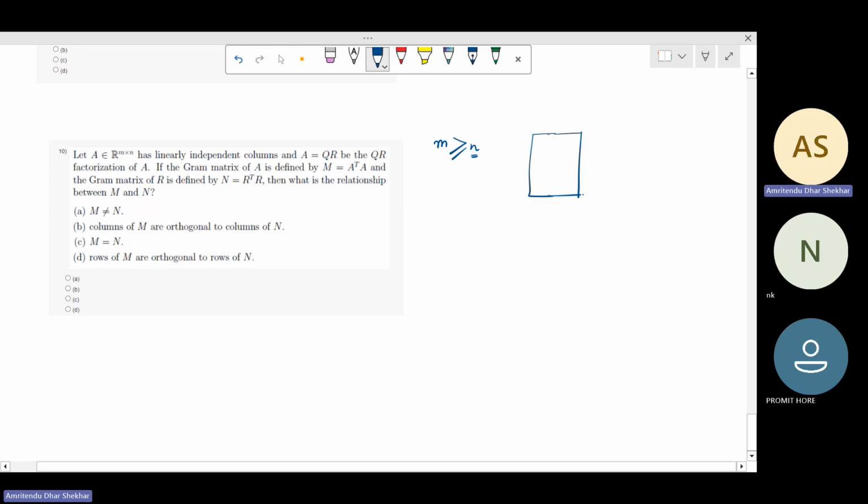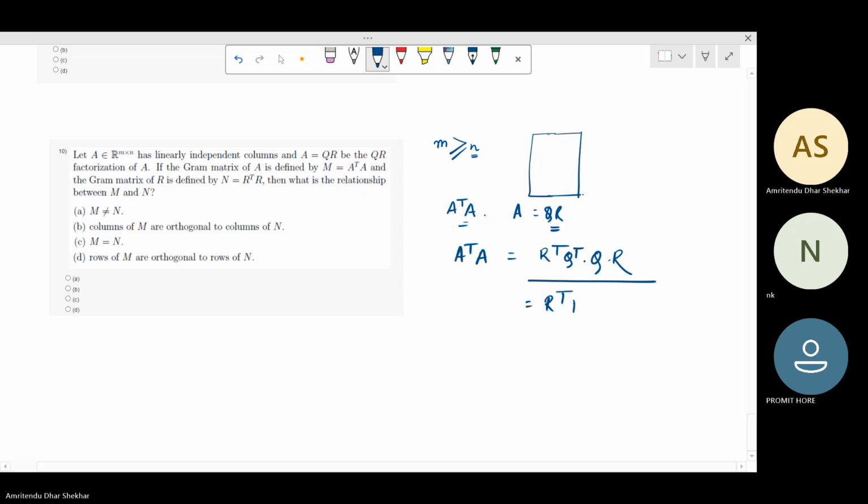The gram matrix of any matrix is just defined as A transpose A. If you write A as QR, then A transpose A is R transpose Q transpose times QR. That is equal to R transpose R. I mean, this is just routine checking.